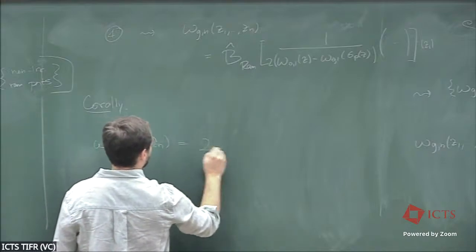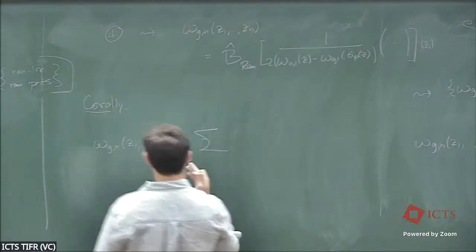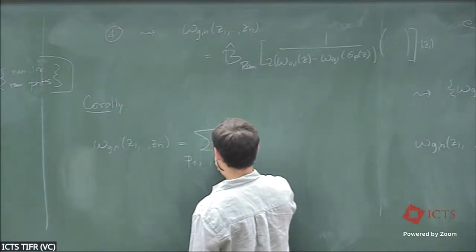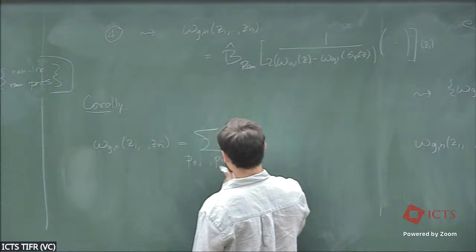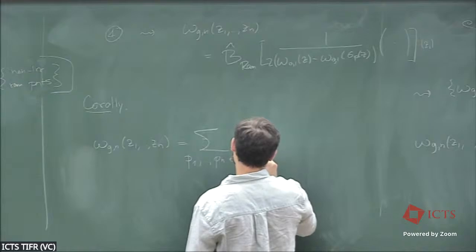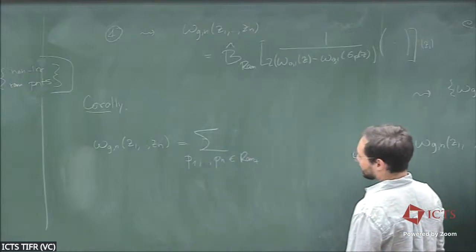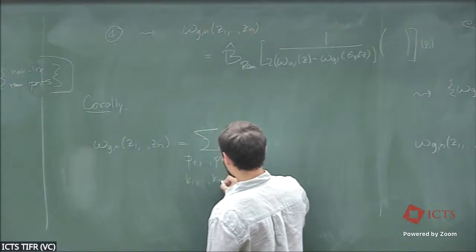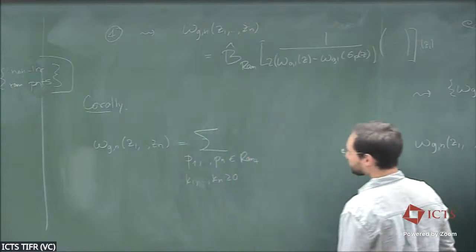So what we have is that these omega GNs can be written as a sum, I can do this for every single variable because they're symmetric, over P1 up to Pn that are non-irrelevant ramification points, and K1 up to Kn that are greater or equal to 0.